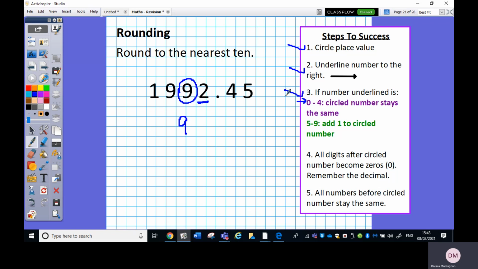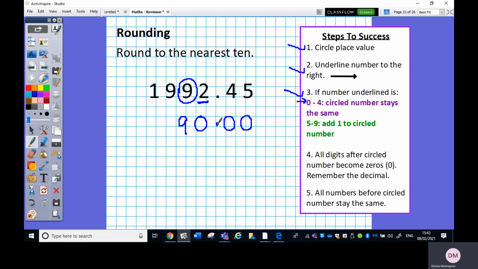Absolutely. Good job. And the next step, all digits after the circled number become 0. So the 2 becomes 0, 4 becomes 0, and 5 becomes 0. Excellent. Now remember the decimal. Good. And sorry, what? Good thing you caught that. Yes, I didn't put the decimal in the same place. So I need to make sure that the decimal doesn't move.